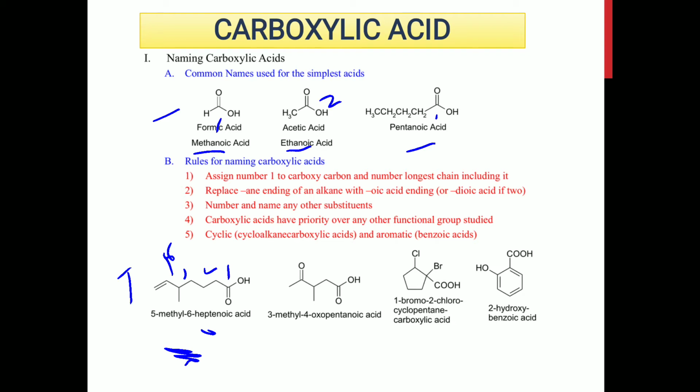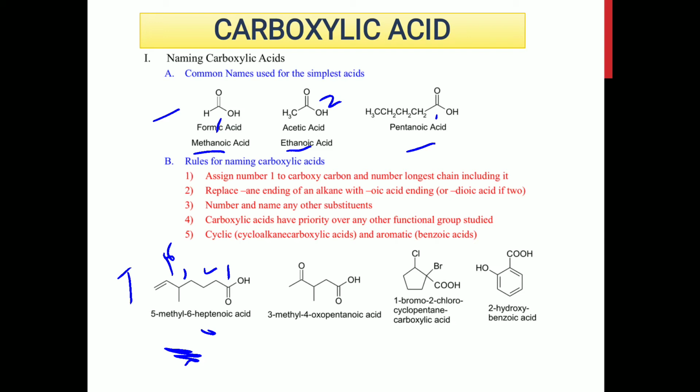So heptane becomes heptene, and as the carboxylic acid group is at the first carbon, we use oic acid as the suffix. So heptenoic acid is the parent, but the position of the double bond is 6, so it becomes 6-heptenoic acid.